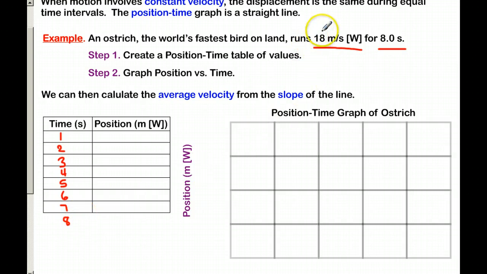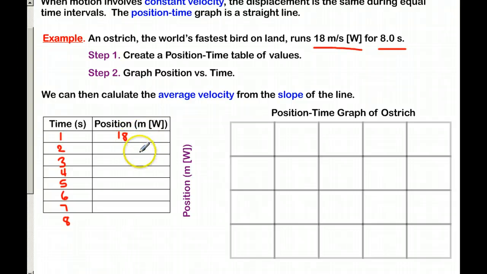Basically it's saying that for 8 seconds it runs 18 meters per second, or every second it's running 18 meters. If we were to report on its position, remember position is where you're located based on where you started. So at time 1, after 1 second has passed, we've moved 18 meters.